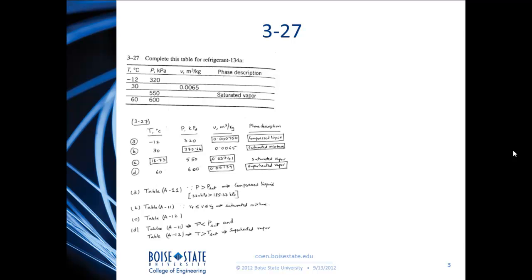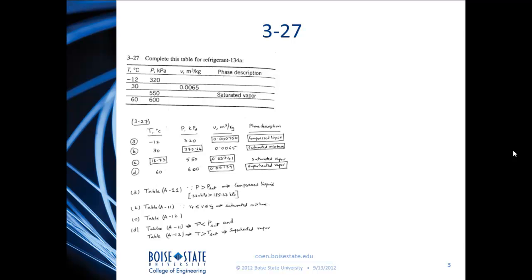So problem 3-27, we are asked to complete a table. And here the fluid is refrigerant 134a and the units are in SI system. So for example, in the first row, we are given a temperature and a pressure, and we are asked to identify the phase and also find the specific volume.